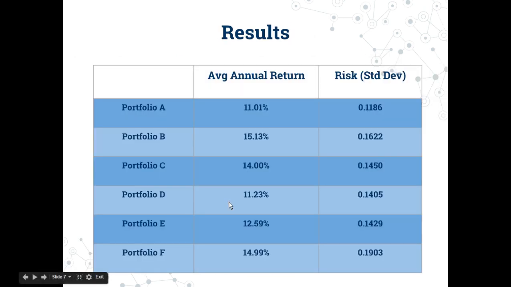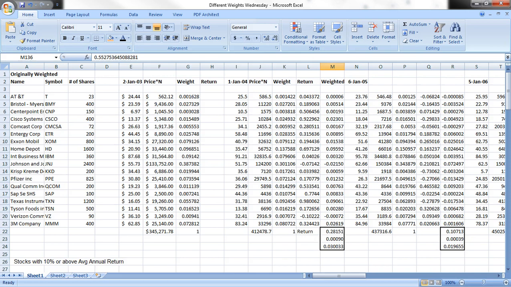The portfolios itself yielded returns higher than the original portfolio that we had invested in. However, having said that, they also had a higher risk measured by standard deviation. So looking at this figure itself, we can't tell which of these portfolios are superior.